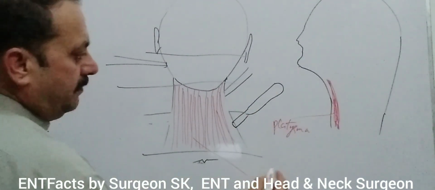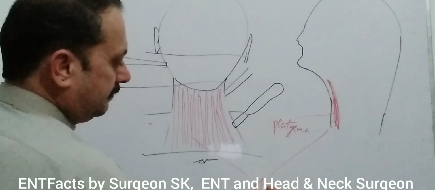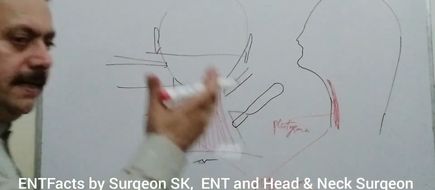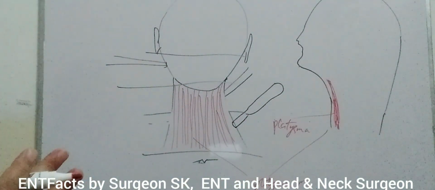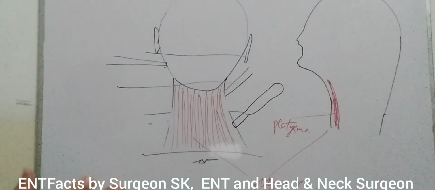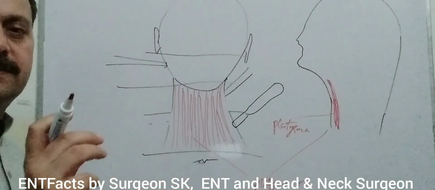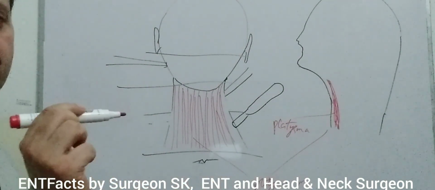This is the platysma muscle. It's a thin layer of muscle which lies just deep to the subcutaneous tissues and covers all the structures in front of the neck. So we take this muscle as a reference standard for the intensity of the injury.